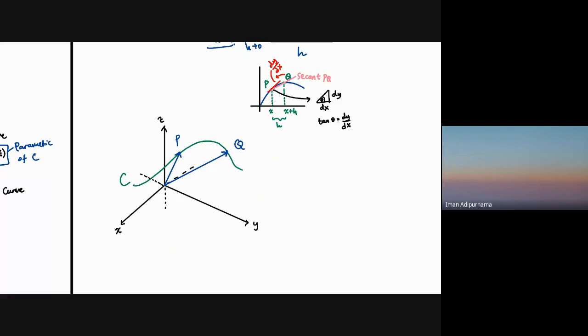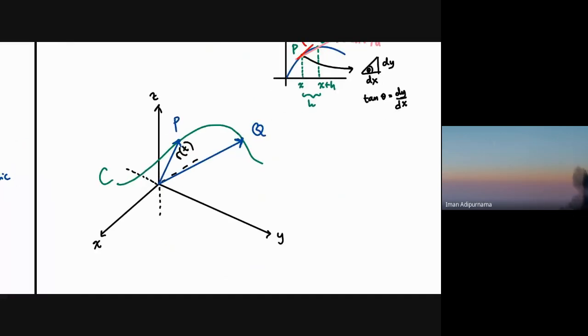So this will be, let's say, r(t). The Q will have r(t + h). So now we include the parameter and directly use it in our vector functions.